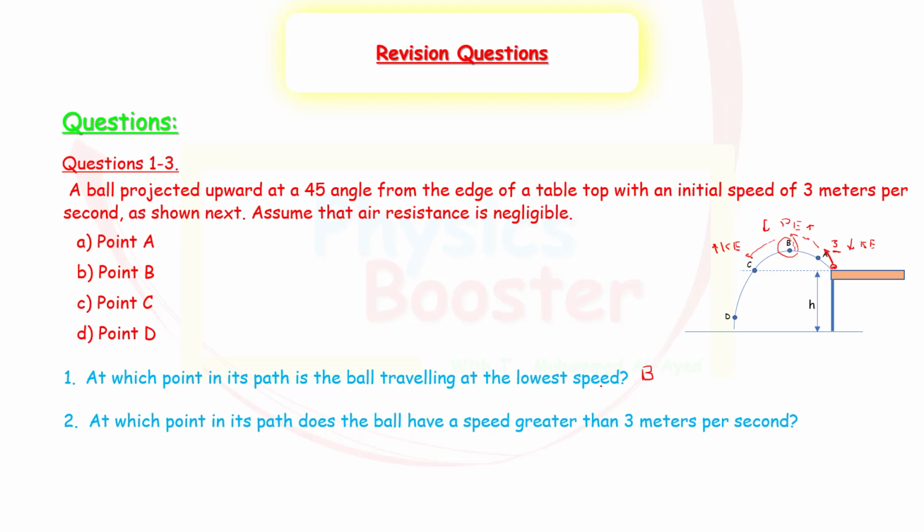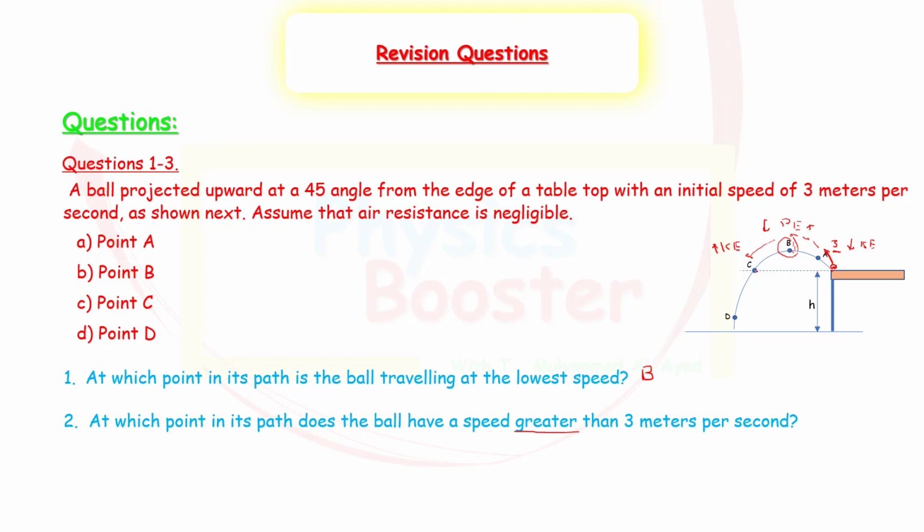Now, where does it have a speed greater than 3 meters per second? Here, the vertical velocity will be 0, but it will have a horizontal velocity. Here, the kinetic energy will be gained again.